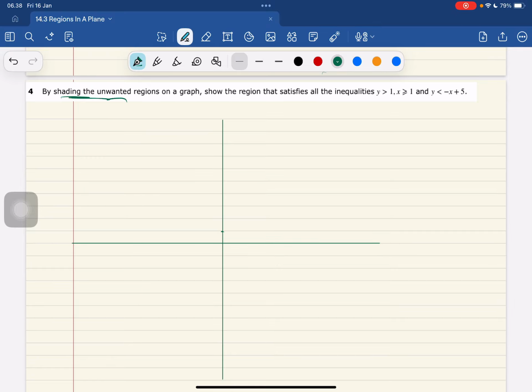As this is not full, we just make it a dashed line. This is y equal to 1. Since this needs to be bigger than 1, less than 1 is the unwanted area. So we can just shade here the unwanted area. This is the unwanted area for y bigger than 1.